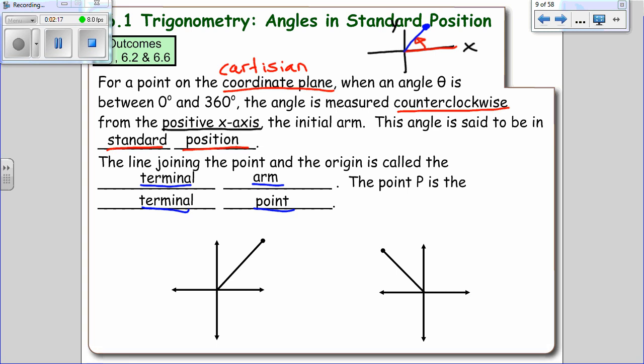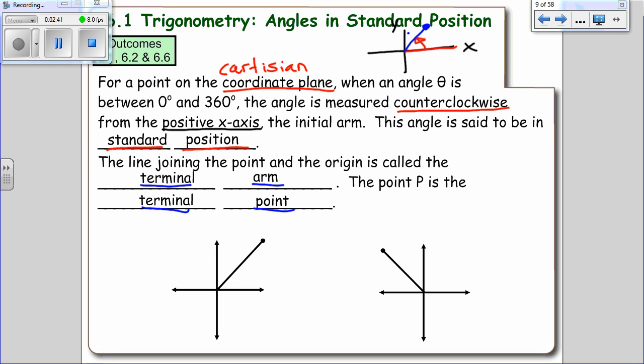I said we're going to learn a lot of definitions, right? Terminal arm, terminal point, and standard position are the 3 that should all be brand new to you. Terminal arm is just a line somewhere on a graph. Terminal point is the end of that line. Standard position is the angle between the x-axis and that line.